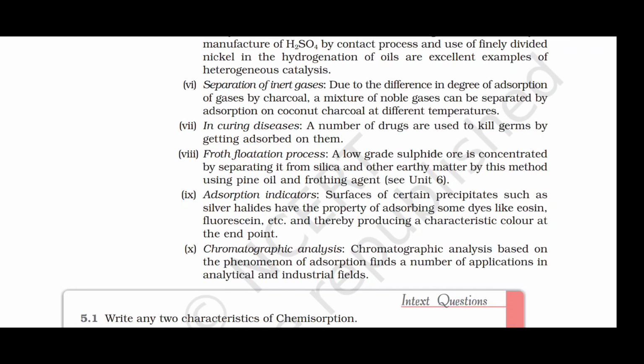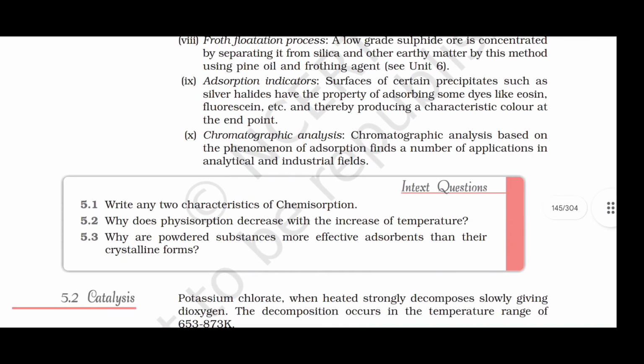Surfaces of certain precipitates such as silver halides have the property of adsorbing some dyes like eosine, fluorescein, etc., and thereby producing a characteristic color at the end point. Tenth, chromatographic analysis. Chromatographic analysis based on the phenomenon of adsorption finds a number of applications in analytical and industrial fields.